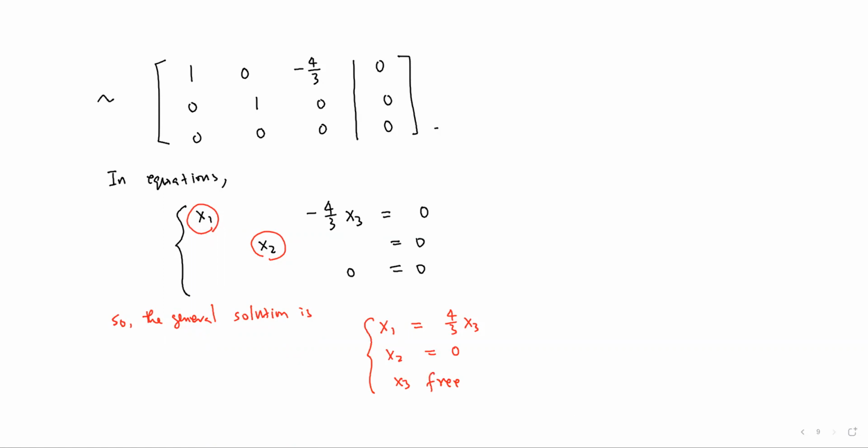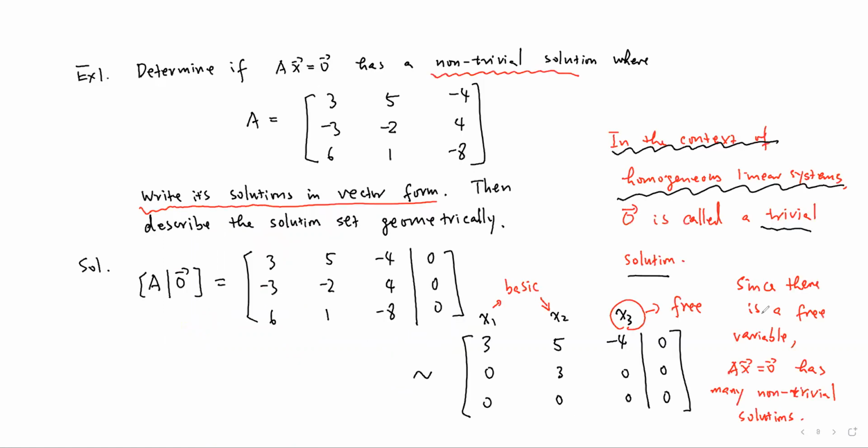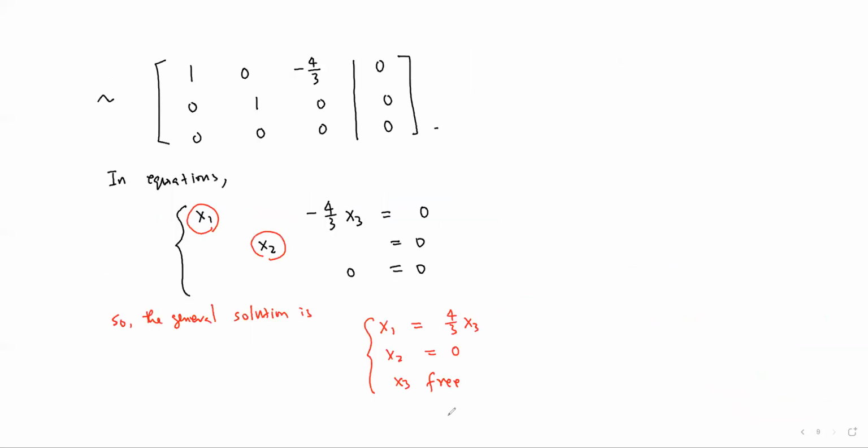Now we are required to write the solution in vector form. The solution is a vector of unknowns, free unknowns.